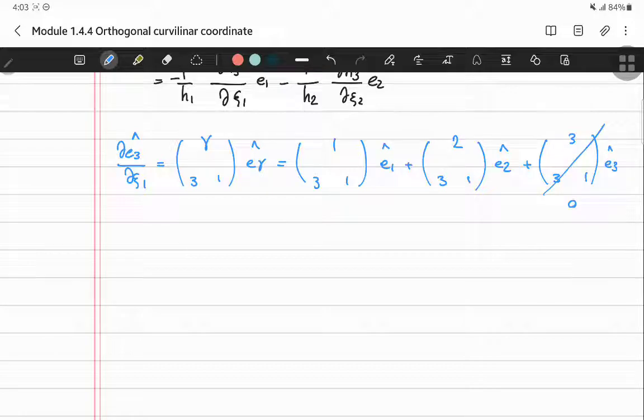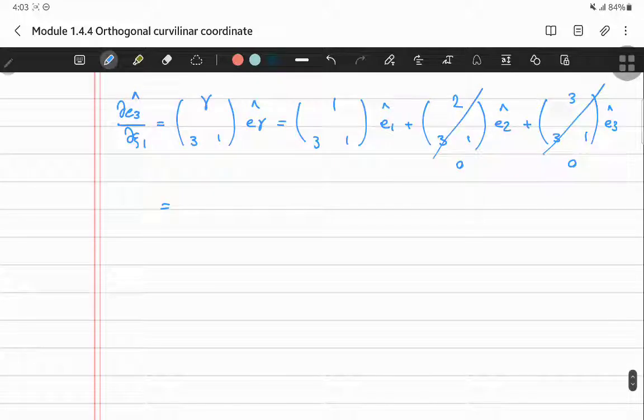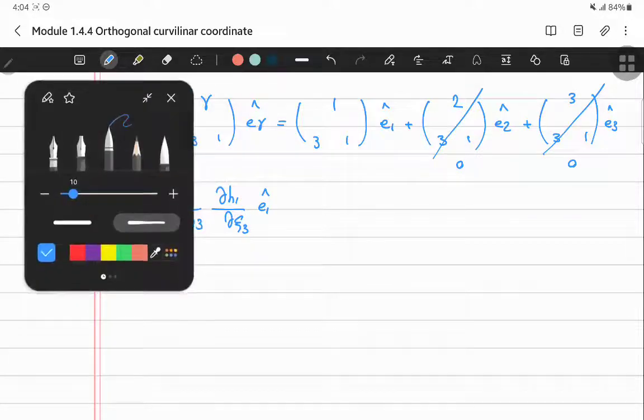This is 0. This is also 0. This is equal to 1 divided by H3, partial derivative of H1 with respect to Z3, E1.